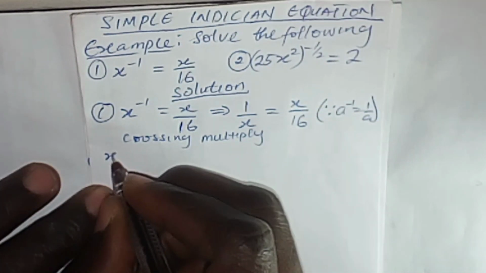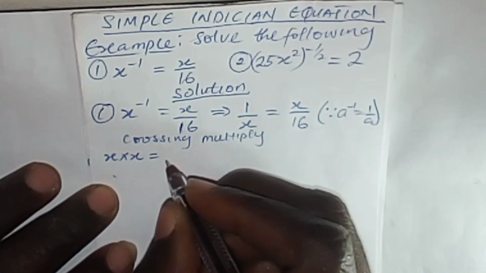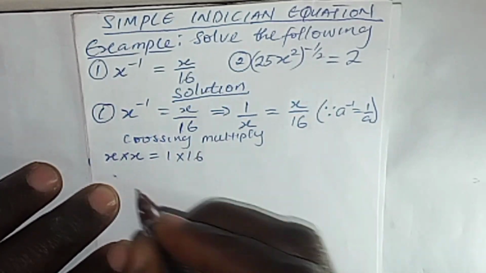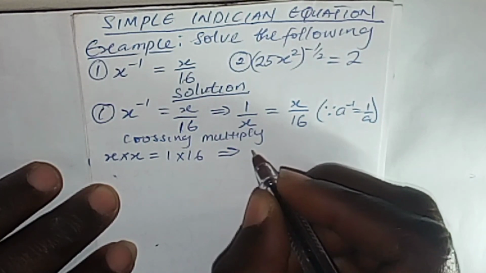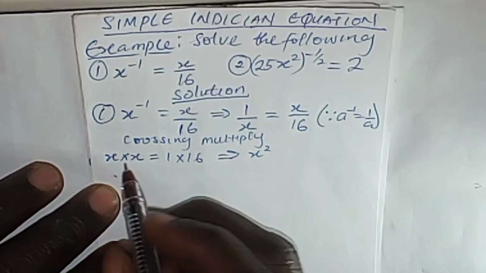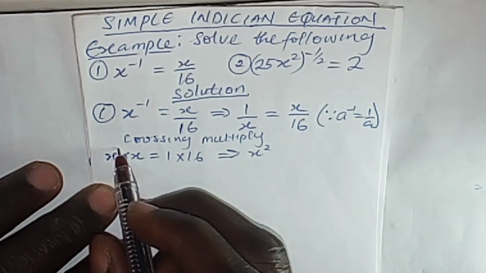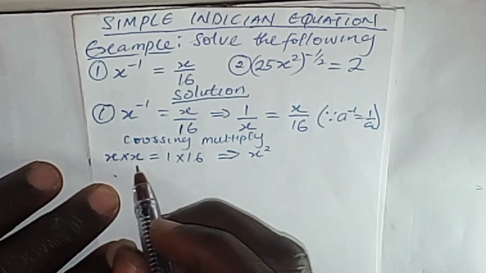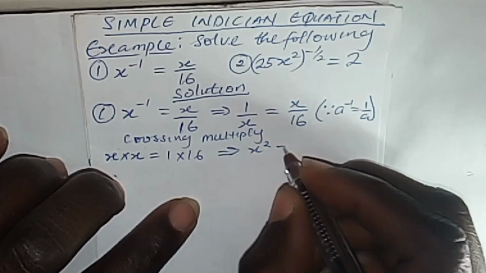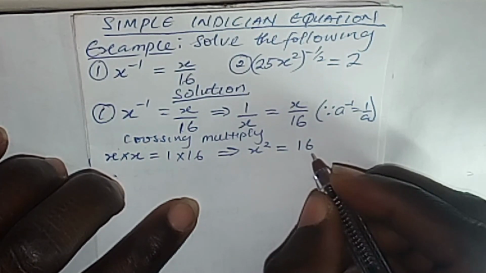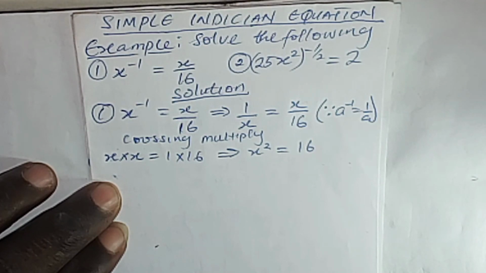That is to say, x times x is the same thing as 1 times 16. x times x is x squared, based on the law of indices. This one has power 1, this one has power 1, therefore we add the powers: 1 plus 1 gives 2. And 1 times 16 is 16. So from here we can take the square root of both sides.